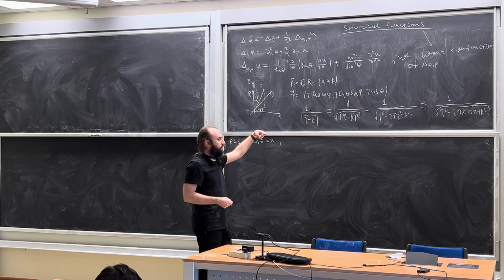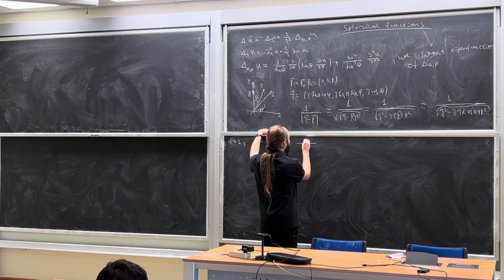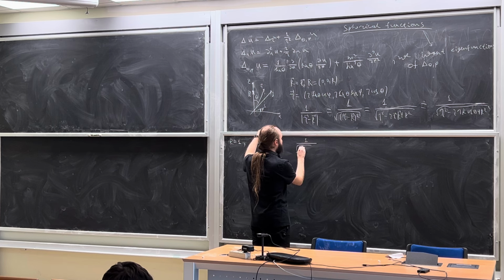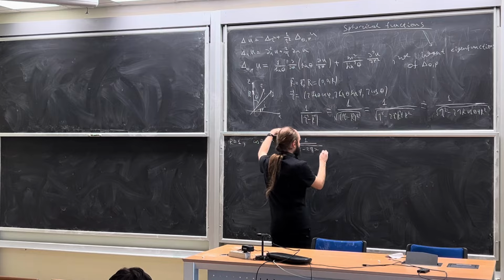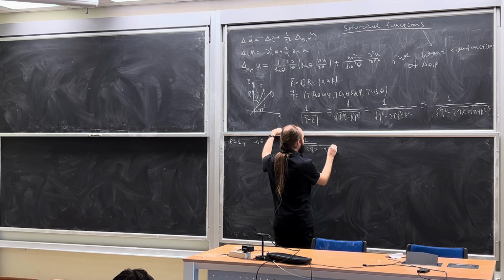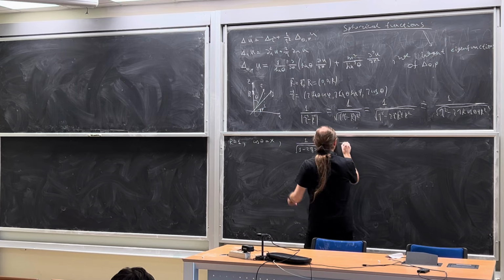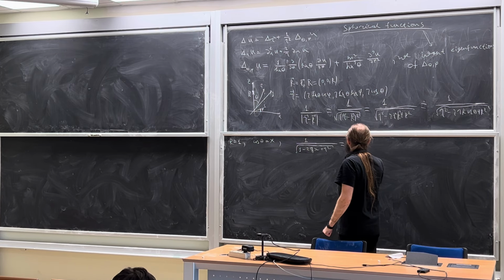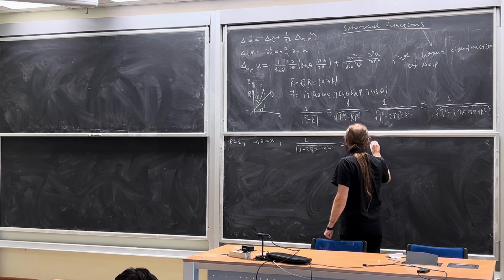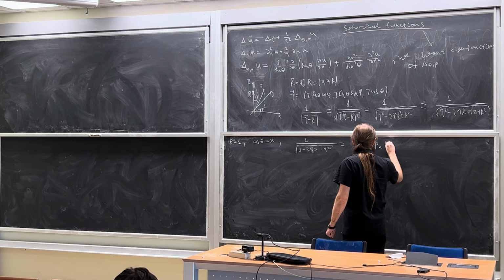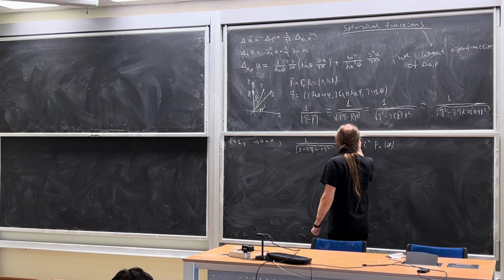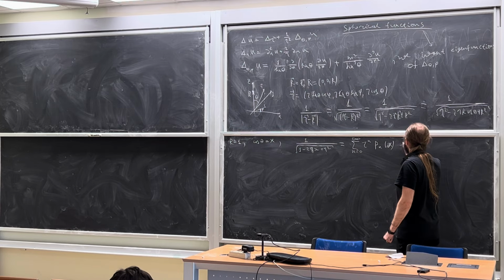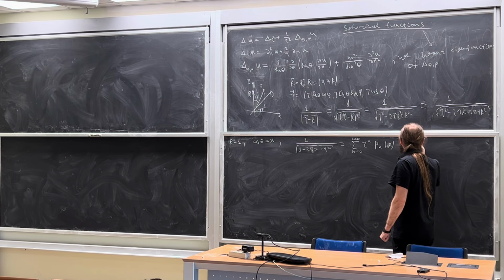And define an expansion of the square root, 1 over the square root, to be this sum, r to the n P_n of x. So these polynomials are called Legendre polynomials.